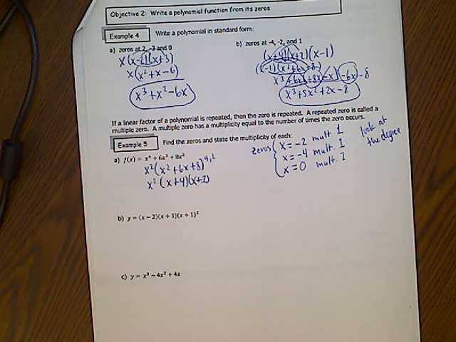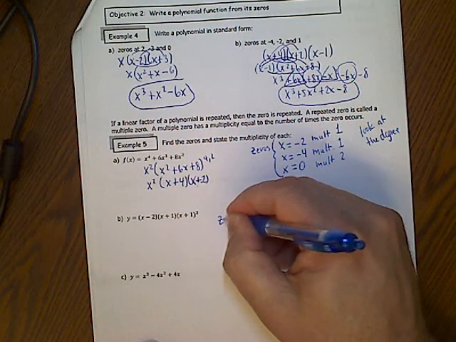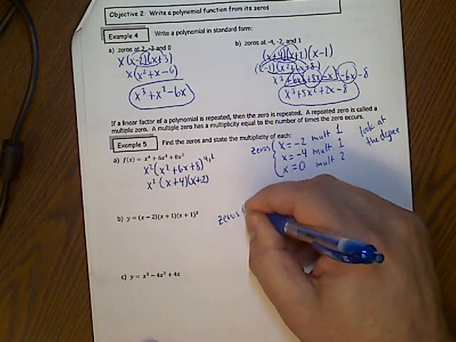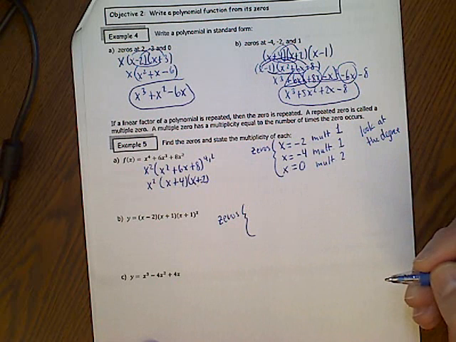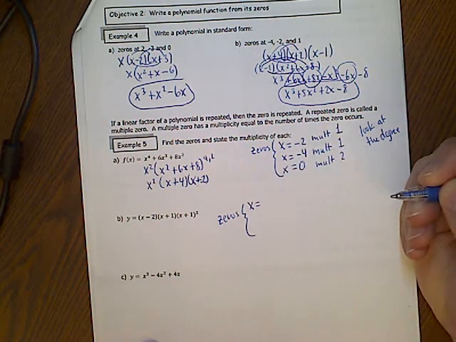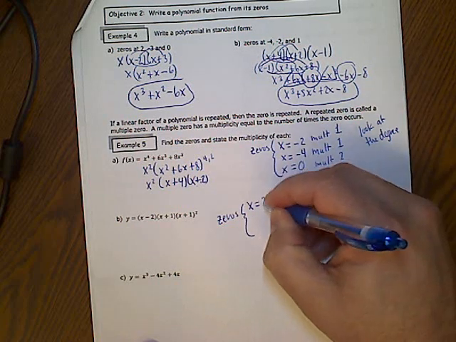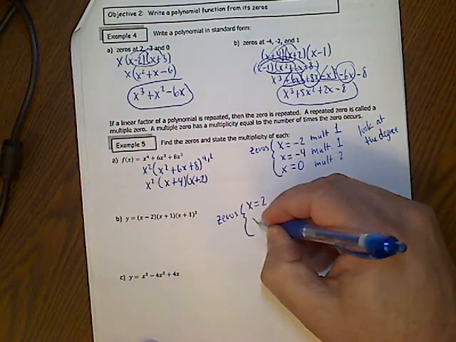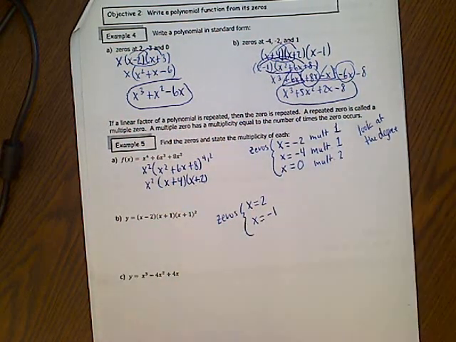Okay? So then, this one's already factored, so it's pretty easy to do. What's one of my zeros? X equals 2. What's the other one? All right, they try to trick you, but there's really only 2 of them, right? Because they got x plus 1 twice.